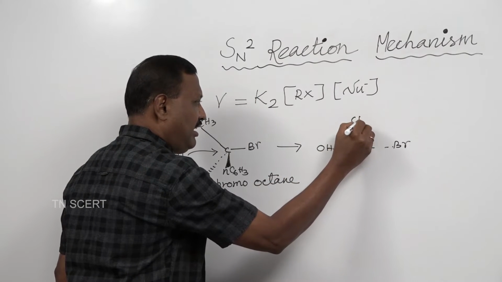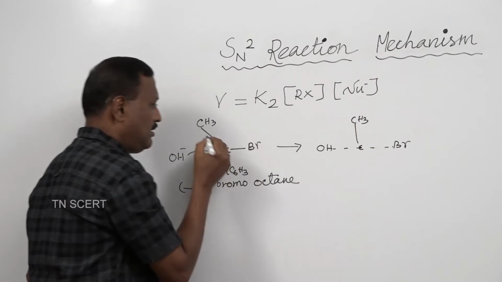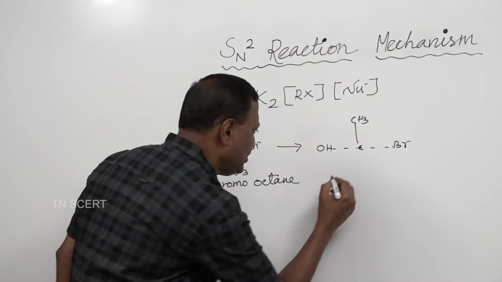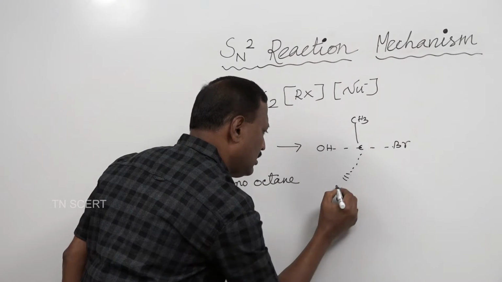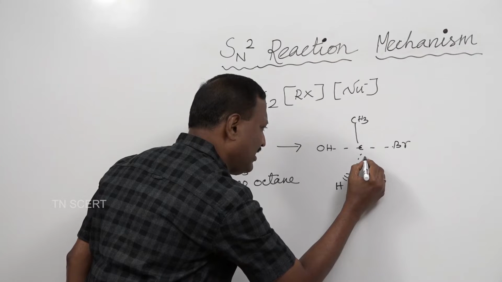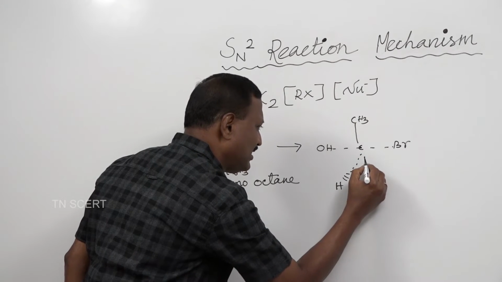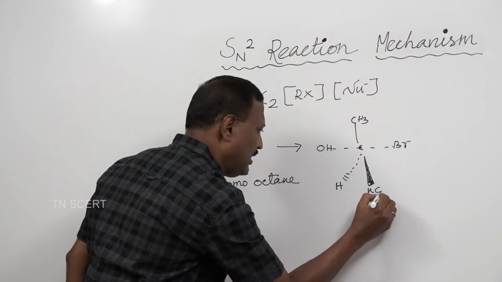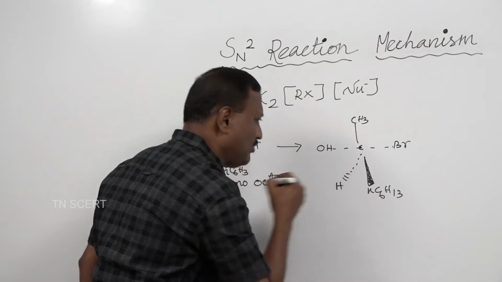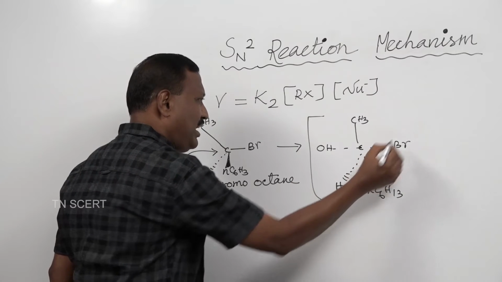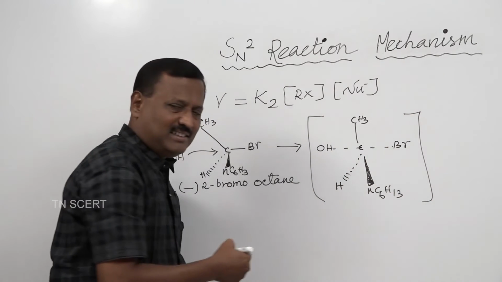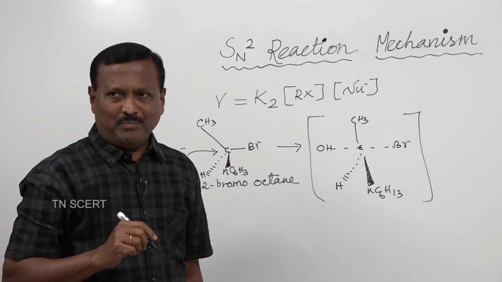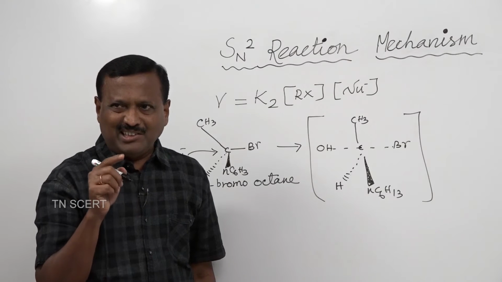Write this CH3 here, and hydrogen, and N-hexane, which is C6H13. This is an unstable compound, and this is the intermediate compound. This unstable intermediate is formed.